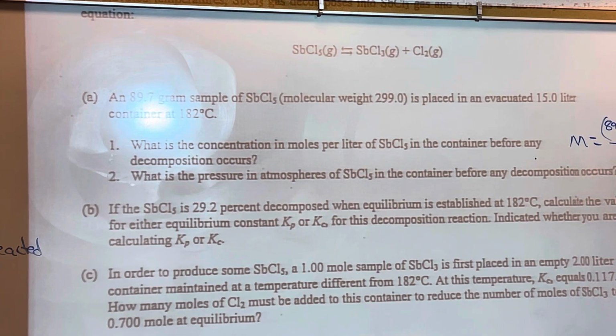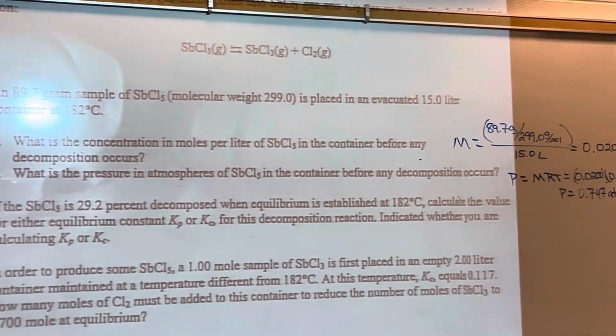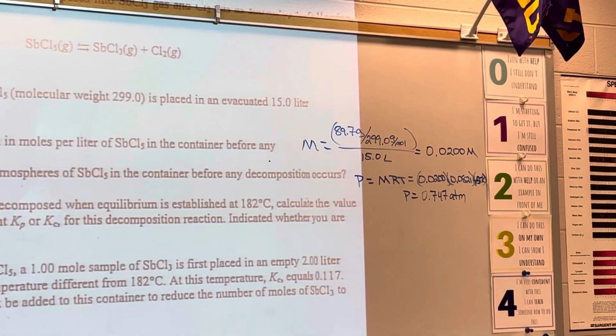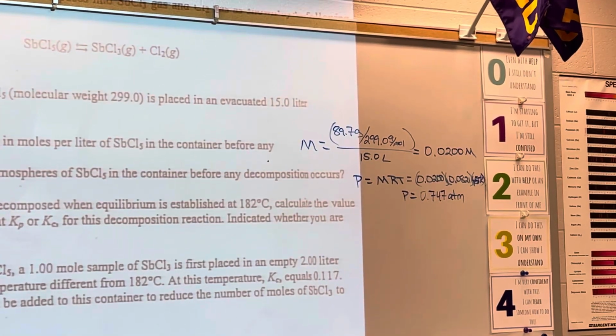So that's how they throw in the ideal gas law, just randomly. To be honest with you, that's about the most a gas law shows up. So that should be easy money.